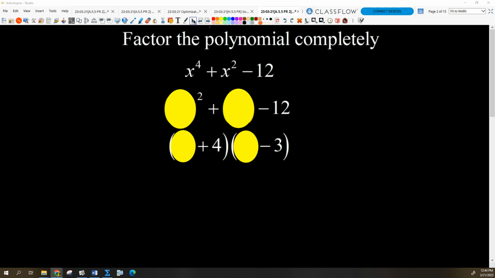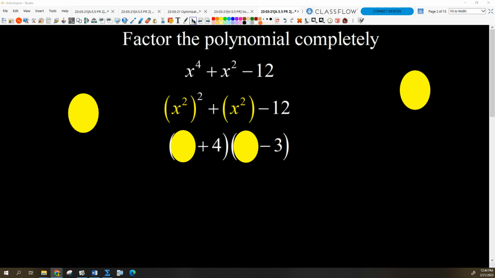They'd be just x squareds because x squared squared is x to the 4th, right? So now that looks quadratic if I take it in pieces of x squared instead of pieces of x. When I'm thinking about this in terms of just pieces of x, it looks quartic. But if I take it in pieces of x squared, it looks quadratic, right? It looks like a quadratic trinomial.